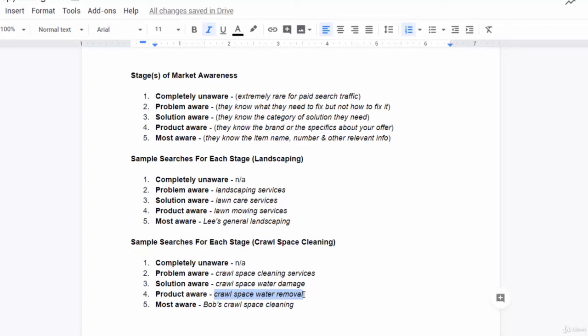And this is the best type of conversions because people know exactly what they're looking for. And if we can show them an ad that talks to them specifically about removing water from the crawl space, the landing page talks about the same thing, everything's congruent, then the probability of them becoming a lead, right, and converting is very, very high because we're checking off all the boxes.